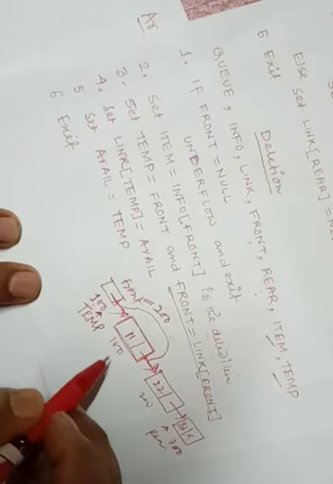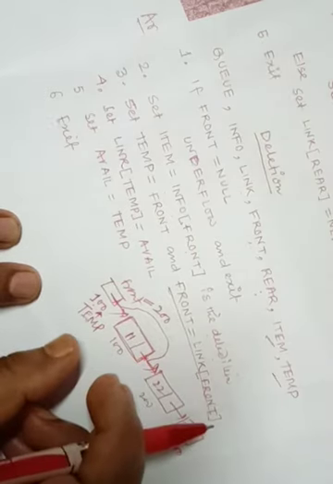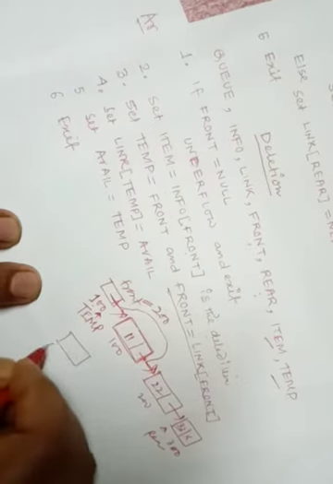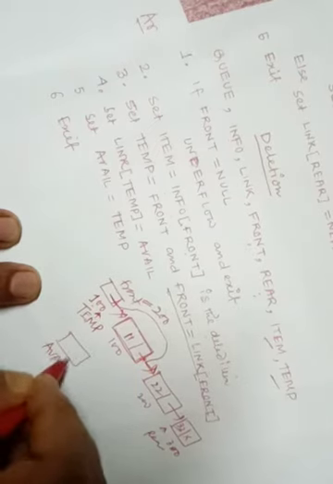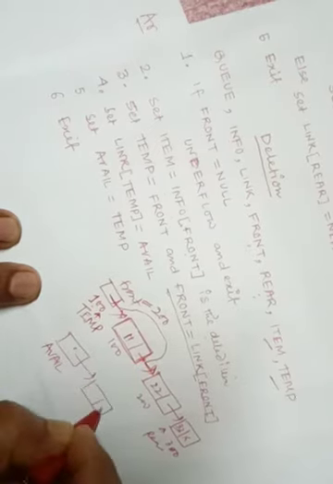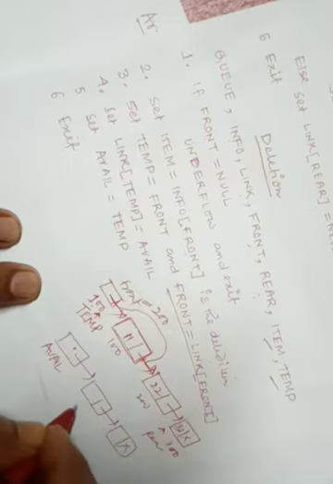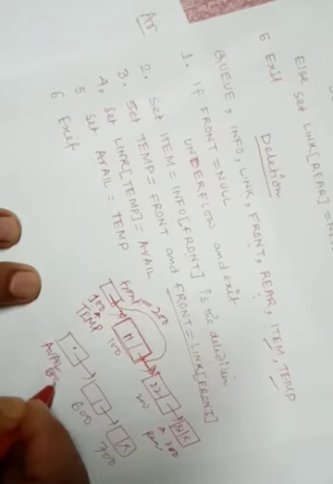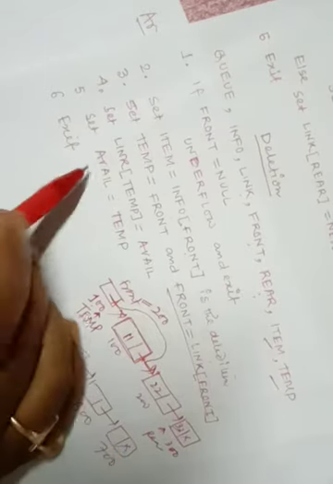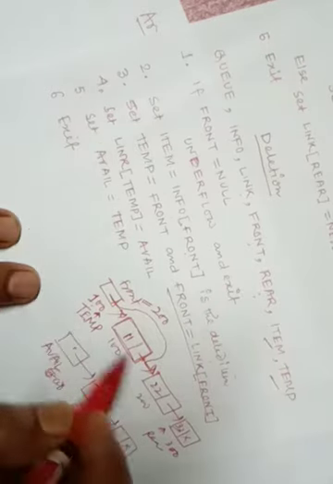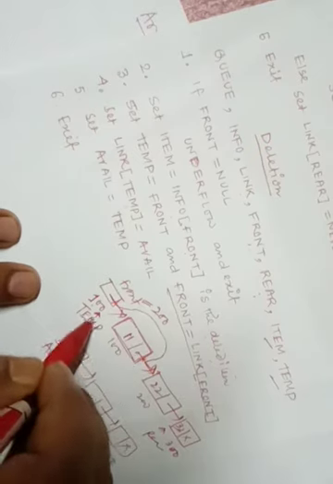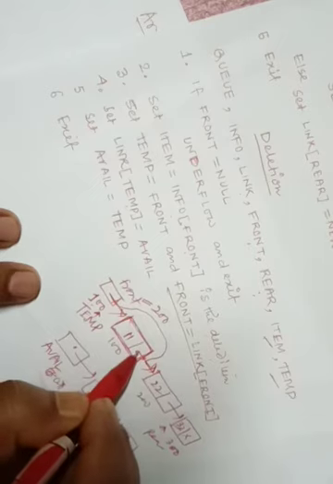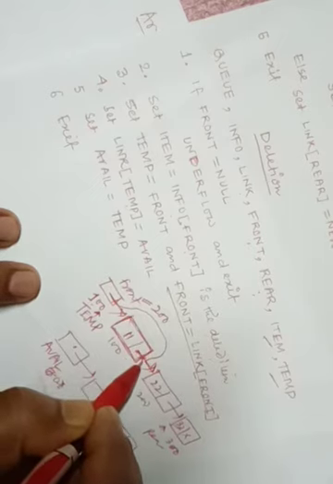And now what we have to do is bring this node back to the avail list. Suppose this is the avail list and this is the available block. The value of avail is 600. Now here you see that set link of temp. So this is the link of temp, because the value of temp is 100. So this denotes the temp. So set link of temp equal to avail.